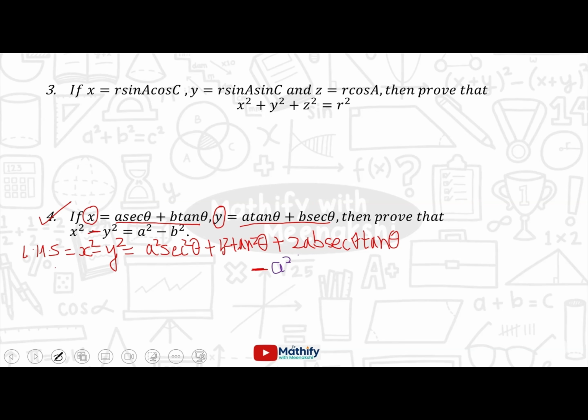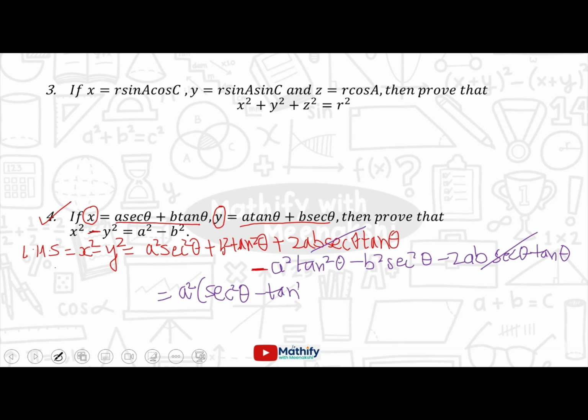So I will get a square tan square theta. In the exam, you have to write the steps. Minus b square secant square theta minus 2ab secant theta tan theta. Yes, now we can cut this and this. What we are left with here, a square is common. You can take it from sec square theta minus tan square theta. And similarly, you can take b square common from these two.